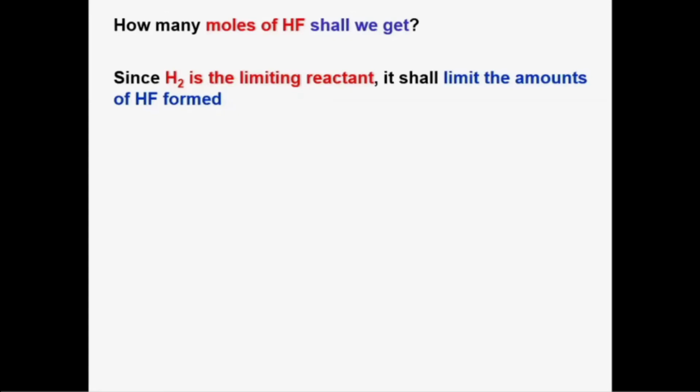Since hydrogen is the limiting reactant, remember the definition of a limiting reactant: the reactant which is completely consumed in a chemical reaction and limits the amount of products formed. So in this case, hydrogen shall limit the amount of hydrogen fluoride formed.